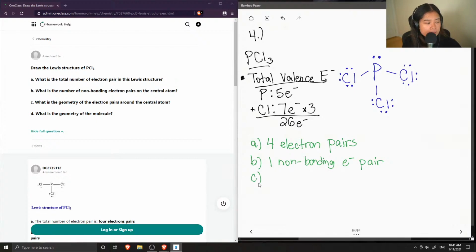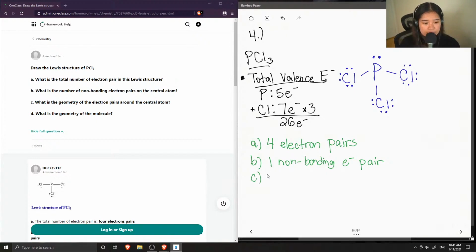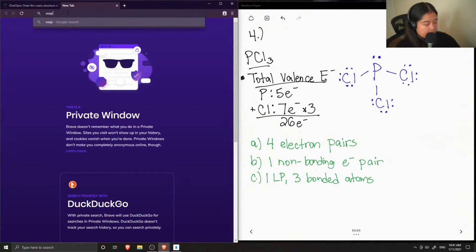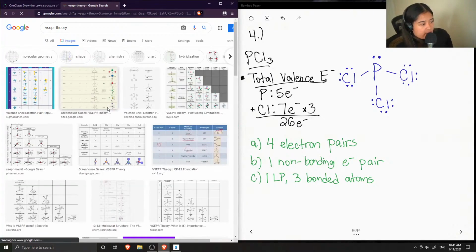And for C, what is the geometry of the electron pairs around the central atom? We have 1 lone pair, as we have established, and if we count out how many bonded atoms we have, 3 bonded atoms. At this point of the question is when we would use a VSEPR theory chart to help us answer the remaining questions.